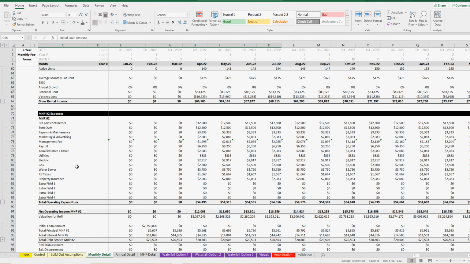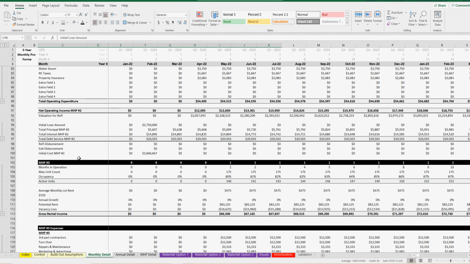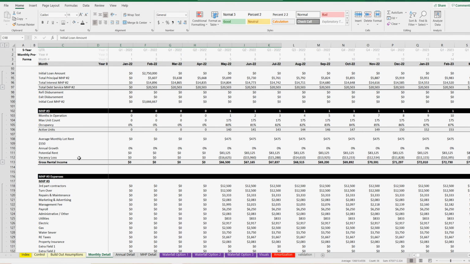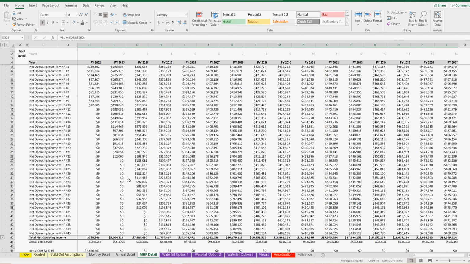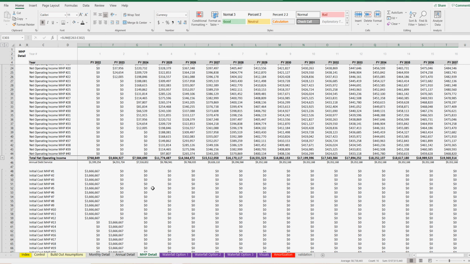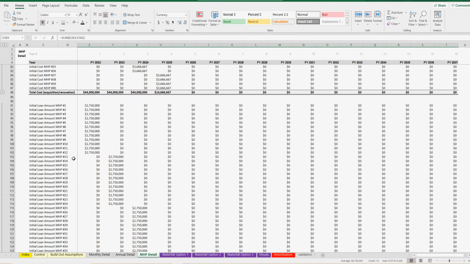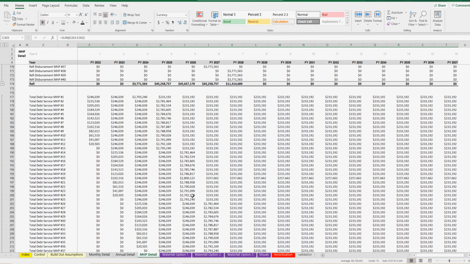The reason I wanted to tag all this stuff is, number one, let's say you only do a couple, you want to see individually what's going on with every property. And there wasn't really any better way I could think to do this than have it called out all 40 different times. Also, it allows us to create some summaries.